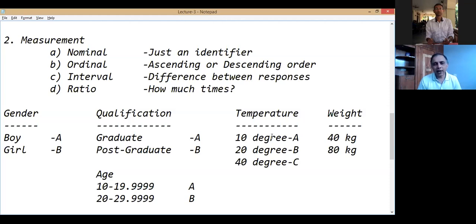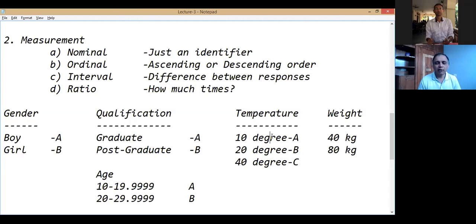But if I have considered the marks in terms of first division and the second division, all I can say, the people securing first division got higher marks than those of second division, but how much higher I cannot tell. So there, first division, second division, it is ordinal measurement, while marks out of 600, this becomes interval measurement.